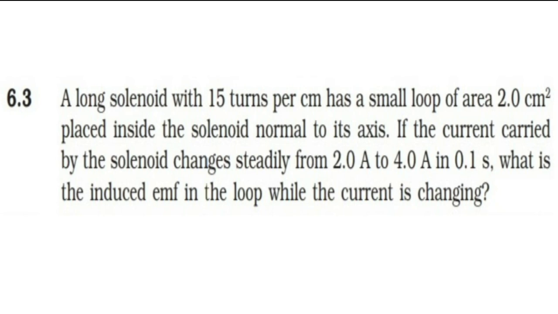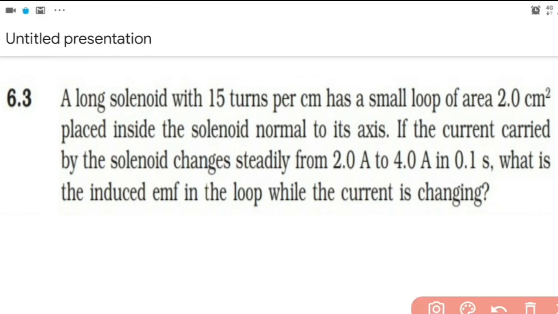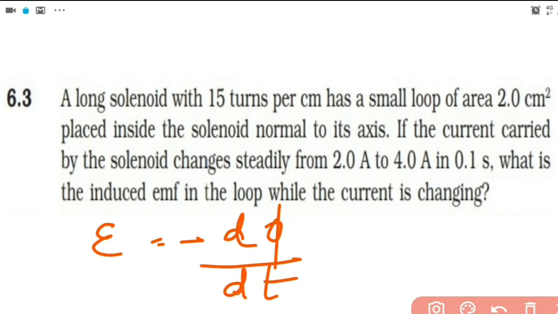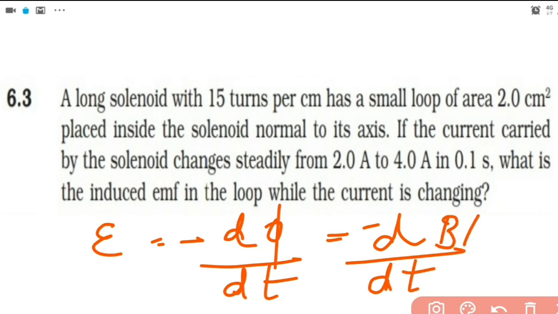So you know the expression for induced EMF is epsilon equal to minus d phi by dt. Here phi is B dot A. Here you have both B and A in the same direction. So we have epsilon equal to minus d by dt of BA.